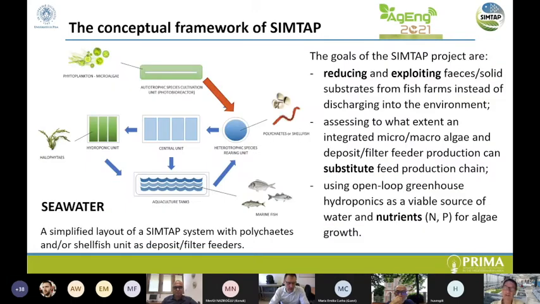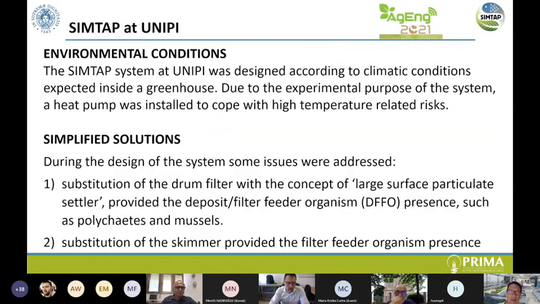You have already seen this picture, so I skip it because I'm going to show you some more details in a while. But before showing the pictures and what we have built in Pisa, I want to clarify the boundary conditions, the environmental conditions that we have here at the University of Pisa, because our system was built inside a greenhouse.